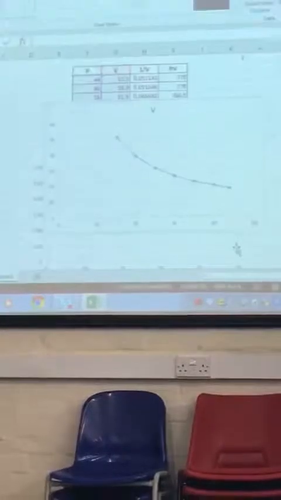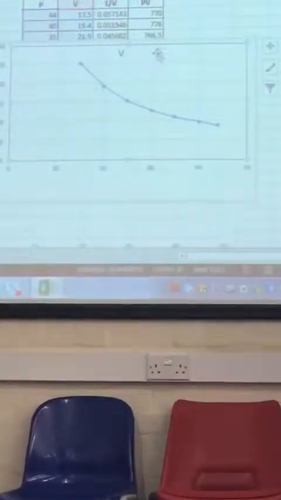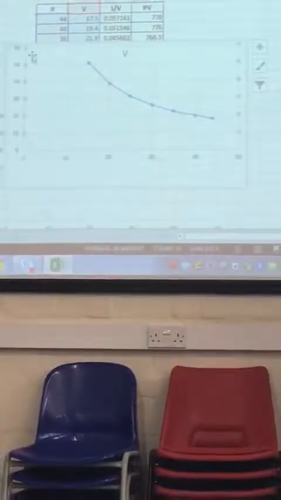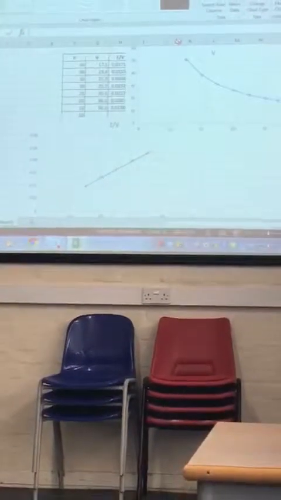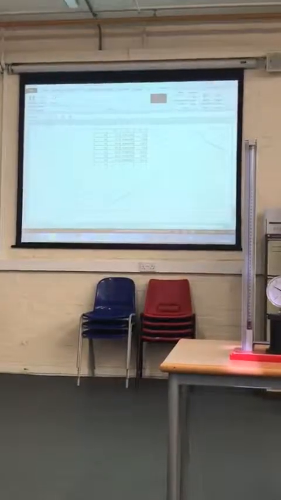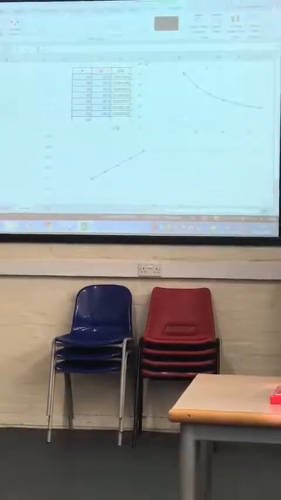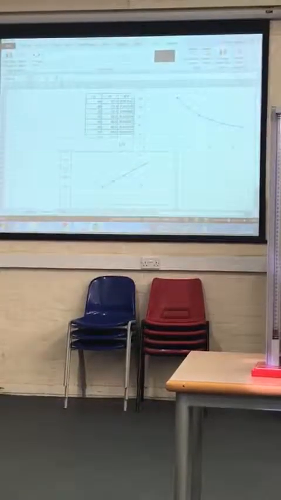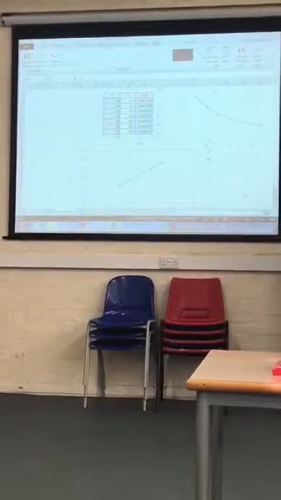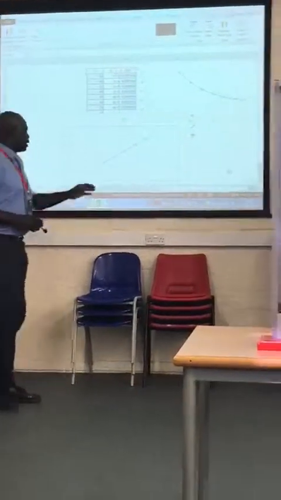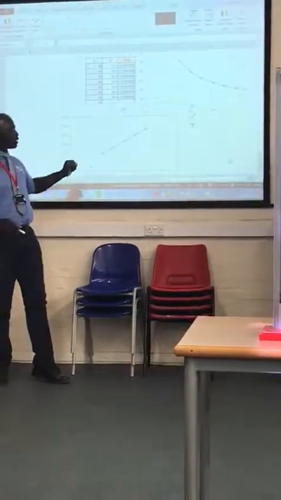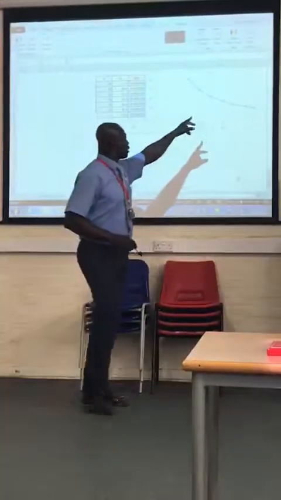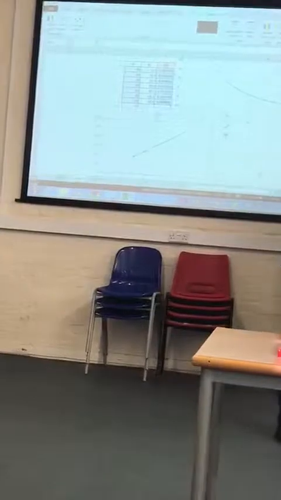And that is exactly what I'm looking for. So this is pressure versus the inverse of volume, and that is pressure times volume.